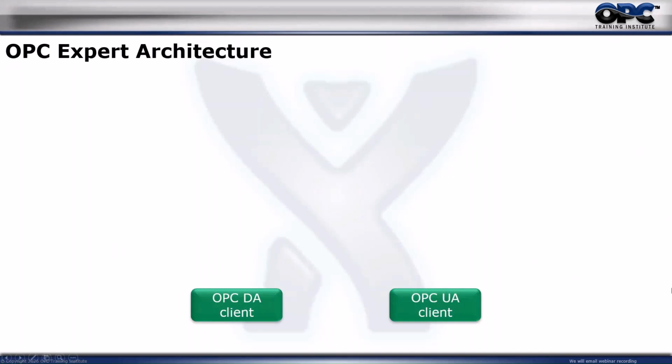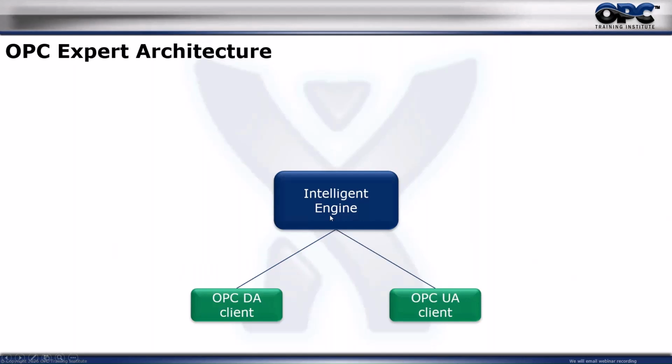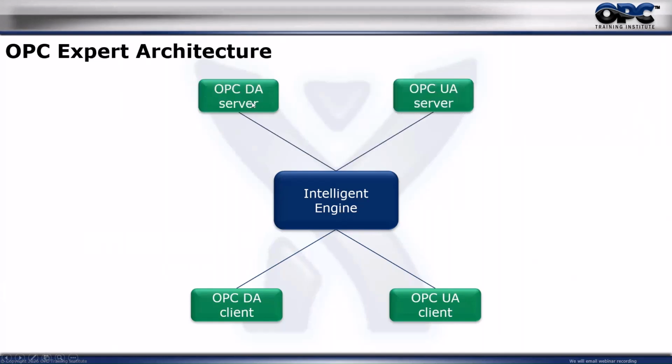In other words, OPC Expert ingests, it brings in data via OPC DA, OPC Classic, or OPC UA. So OPC UA DA is an example. And it brings that information into OPC Expert's intelligent engine. So once the data is there, we can send out the data with OPC DA or OPC UA.